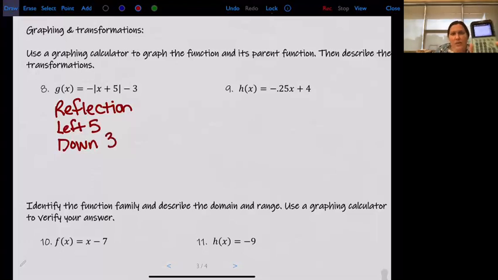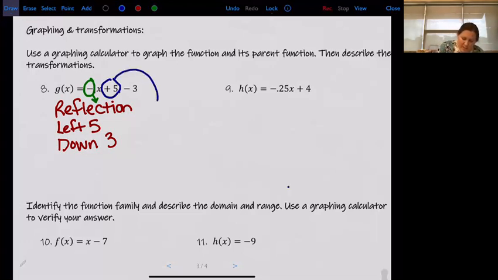Now, without graphing, I should be able to look at this equation and see that. If you look at the equation, this negative here does the reflection. This plus 5, it's grouped inside the absolute value bars.